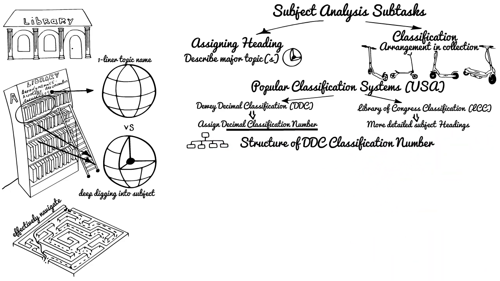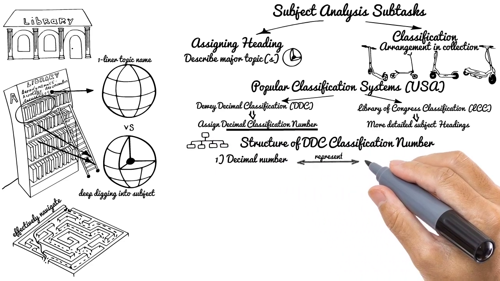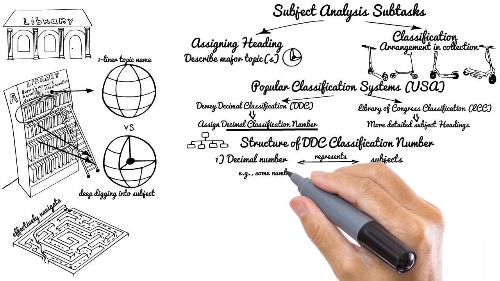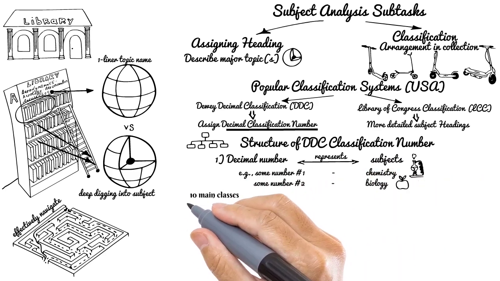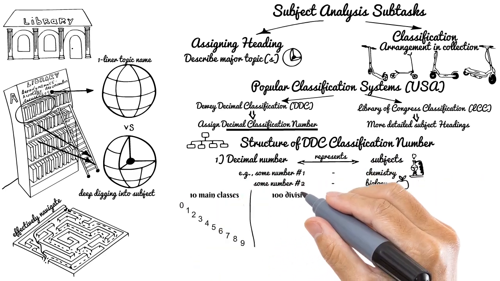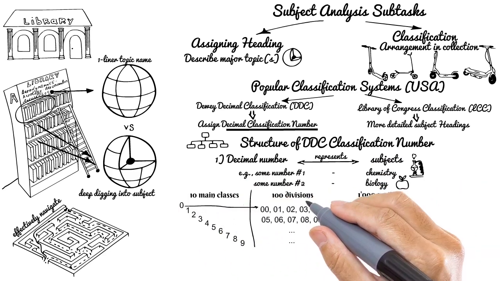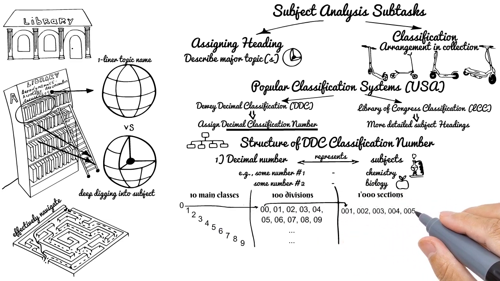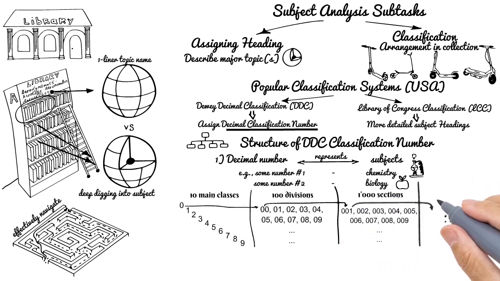The first point is, it contains numbers in standard decimal format to represent subjects related to branches. The classification number contains 10 main classes, 100 divisions, 10 divisions per class, and 1000 sections, 10 sections per division. Sections can be divided into subsections when needed to narrow down the scope of the topic.